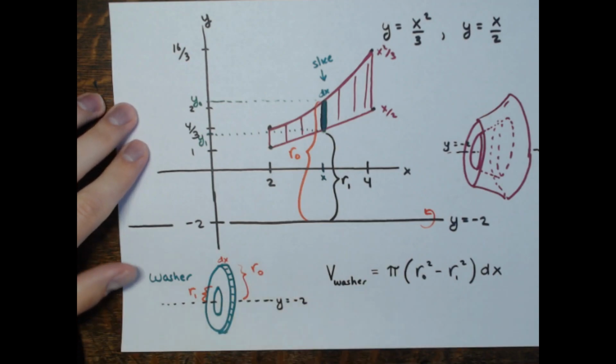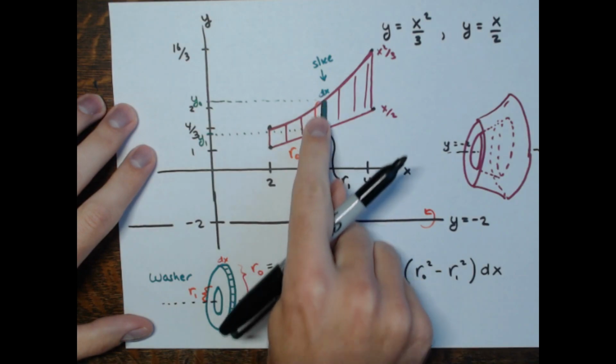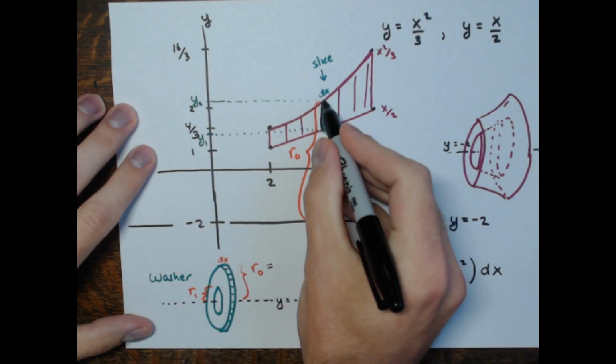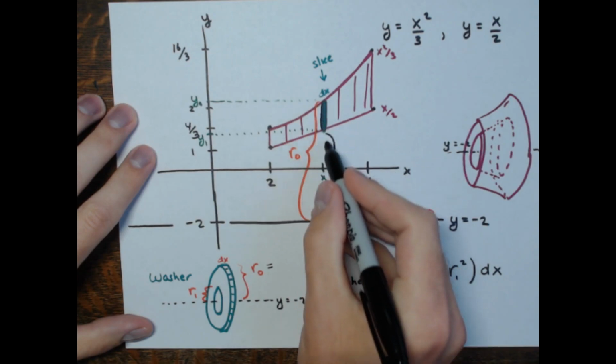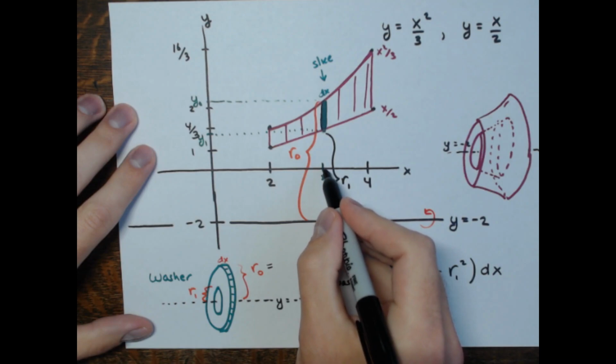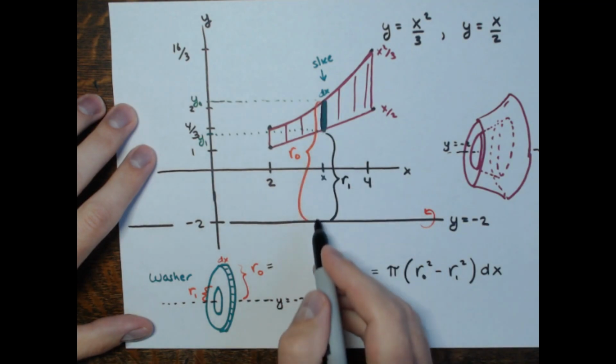So you see how the RO, this outer radius, is that y coordinate to the top curve, so YO, that's just to the x-axis, and then +2, because I'm going down 2 to get to this line. So again, it's just top minus bottom, really.